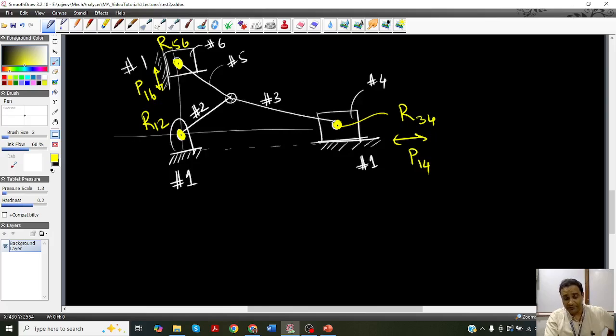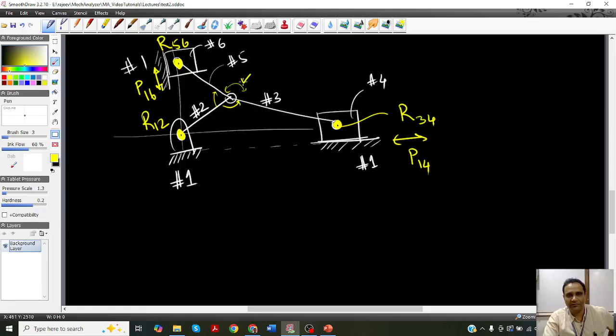Now here, similar to the 4 bar, whatever we had. With respect to this blue link, I can move 3. I can also move 5. If these two angles are known to me, this angle will be given. Basically, the addition of all these three should be 360 degrees.